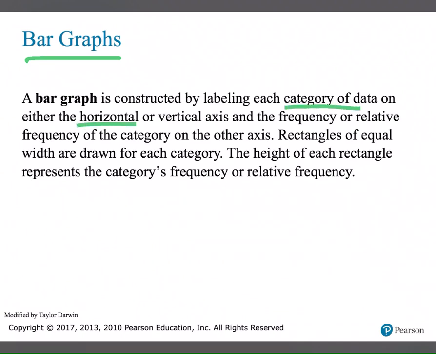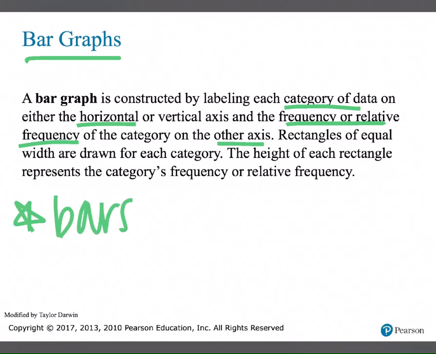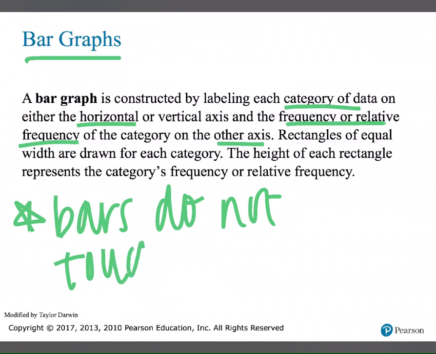And then the frequency or relative frequency on the other axis, in our case, the vertical. Rectangles of equal width are drawn. The height of each rectangle represents the category's frequency. And what you need to know about bar graphs is the bars do not touch. Bar graph bars do not touch.